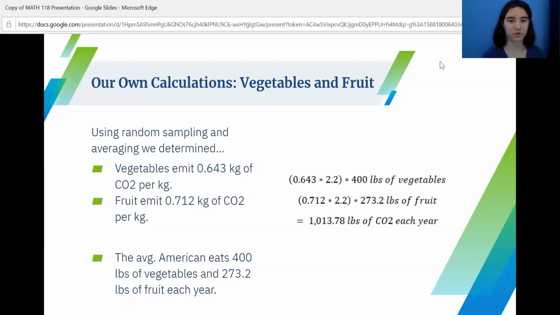So that figure for vegetables was 0.643. For fruit, it was 0.712. And then we used, again, average American consumption rates to determine if you actually ate that much fruits and that much vegetables each year, this is what your carbon footprint impact would look like. So that was upwards of 1,000 pounds of CO2 each year.